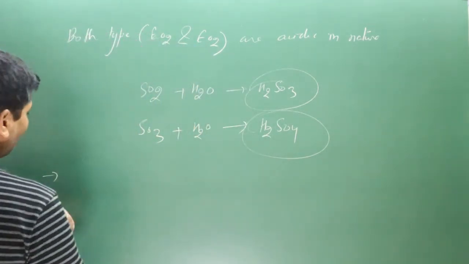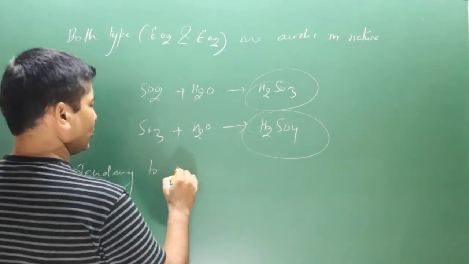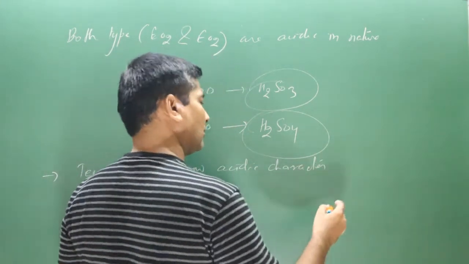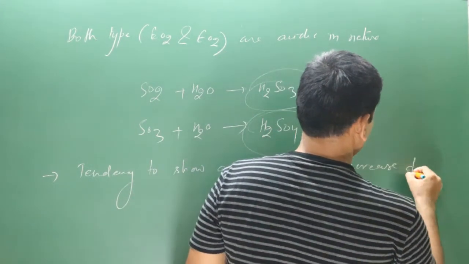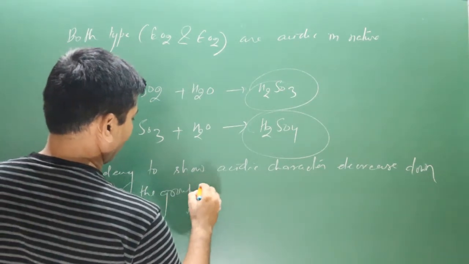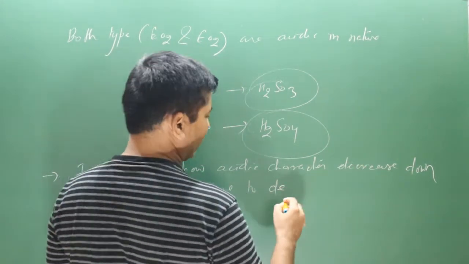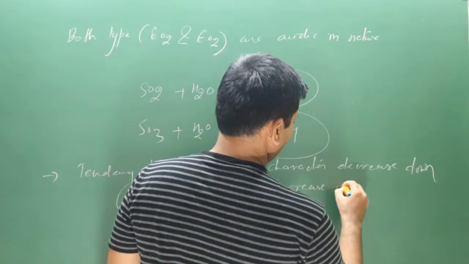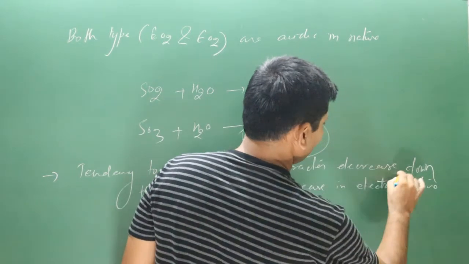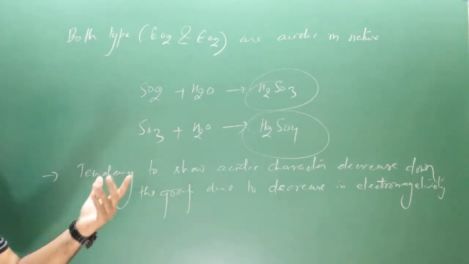So you can write the sentence: tendency to show acidic character decreases down the group due to decrease in electronegativity. Even if you mention due to increase in metallic character, it gives the same meaning.